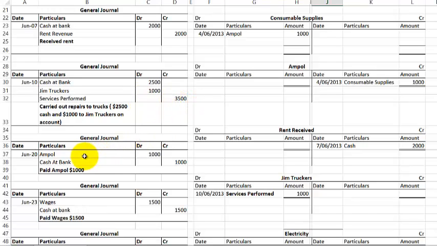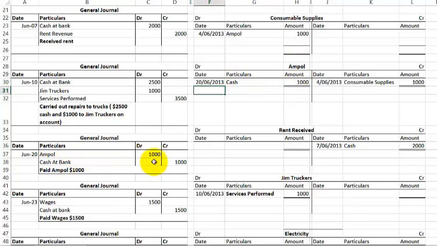Let's just keep moving on the last couple of transactions. On June the 20th, we paid back Ampol. So here it is, a debit to the Ampol account. Let's put that in. So we've put that debit entry to the debit side of the Ampol account.